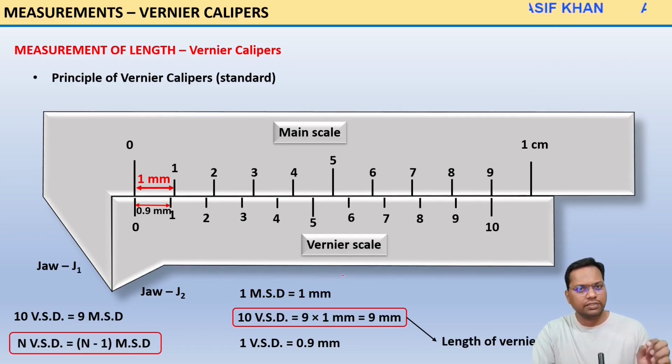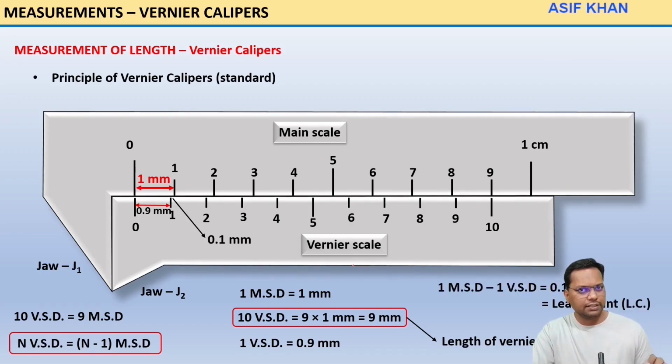If one division on the main scale is 1 millimeter, then the first division on the Vernier scale is 0.1 millimeter less, therefore 0.9 mm. Now the difference between these two divisions, one main scale division and one Vernier scale division, is equal to 1 mm minus 0.9 mm, that is 0.1 mm. This difference is the least count of the instrument.